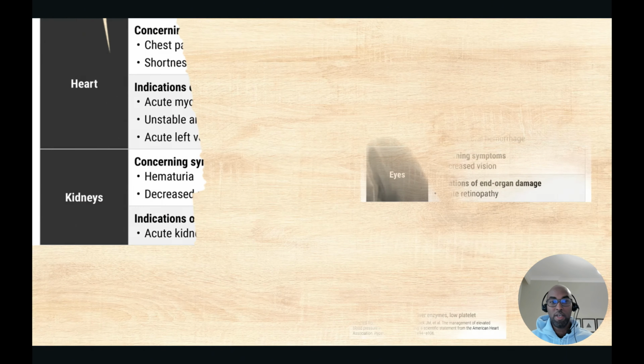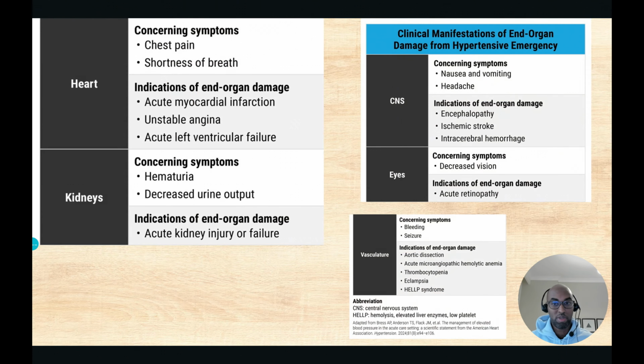Okay, so we came to the most important slide, which is what the end organ damage is. So you have your patient. We said our patient, 65 years old, came to the ED, sent from the dental clinic, and has high blood pressure. First of all, you will ask about end organ damage. The nurse took the vital signs and the blood pressure was 180 over 120.